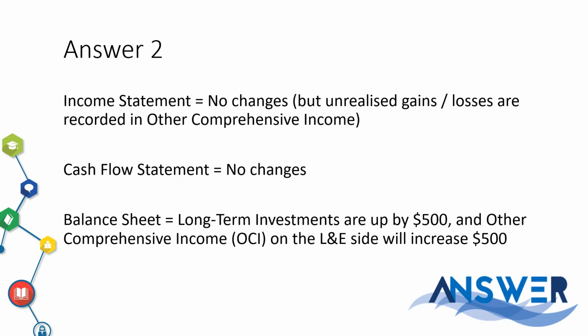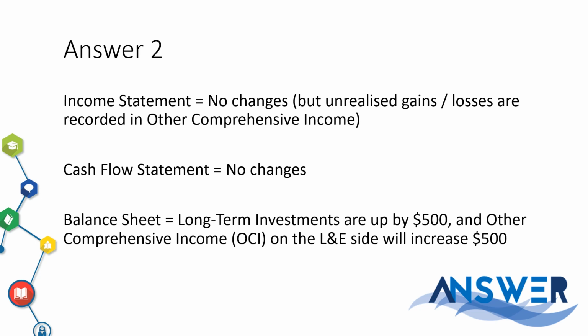For this case, income statement, no changes, but you will see unrealized gains or losses in other comprehensive income. Cash flow statement, no changes. Balance sheet, you will see long-term investments are up by $500 and other comprehensive income on the liabilities and equity side will increase $500.